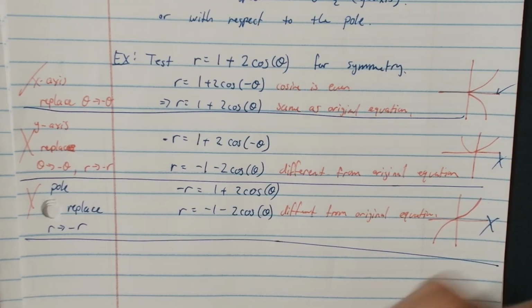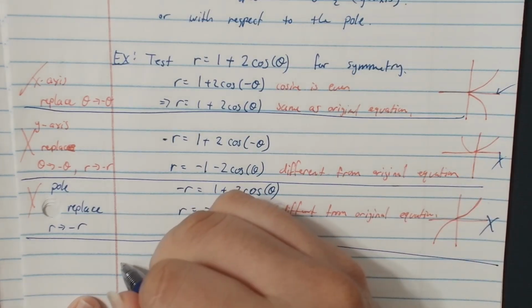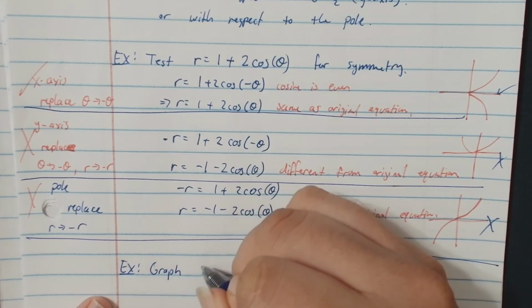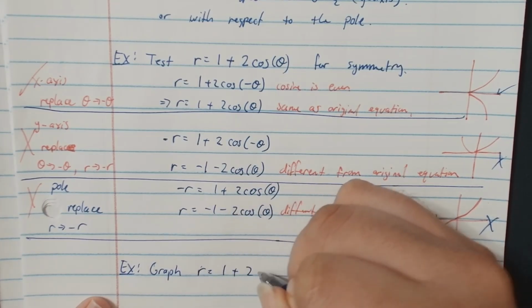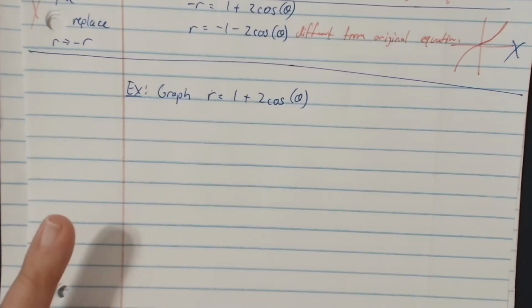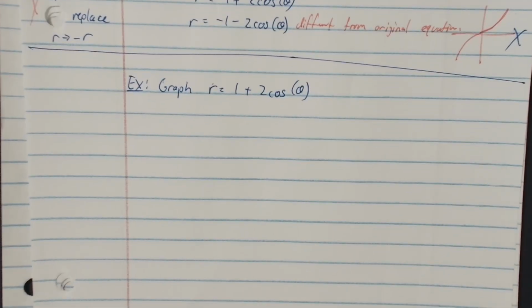So let's do that. For our next example, let's go ahead and graph r equals 1 plus 2 cosine of theta. Now, just like in algebra, when you graph, you can do it the long and simple way, or the slightly more complicated but shorter way.